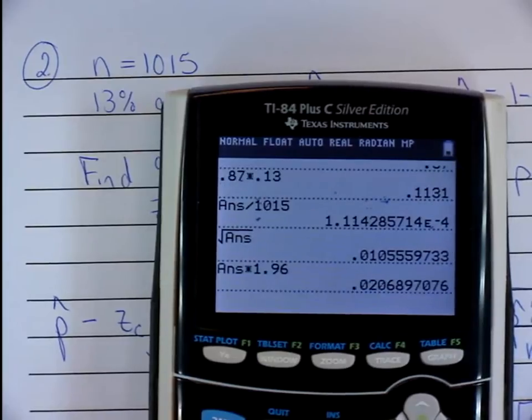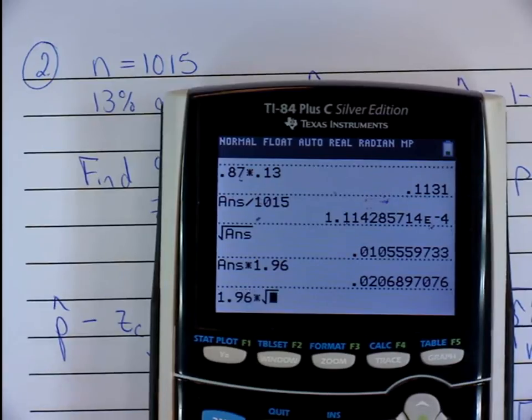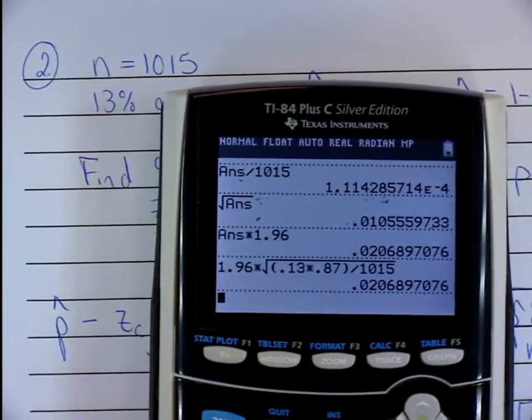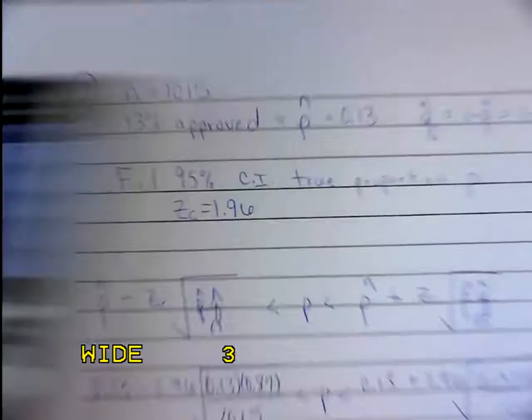So I work my way from under the radical to the outside of the radical. 0.0207 to 4 places. You can also plug it in directly: 1.96 times the square root of parentheses 0.13 times 0.87 divided by 1015. Maybe that's easier. 0.0207.